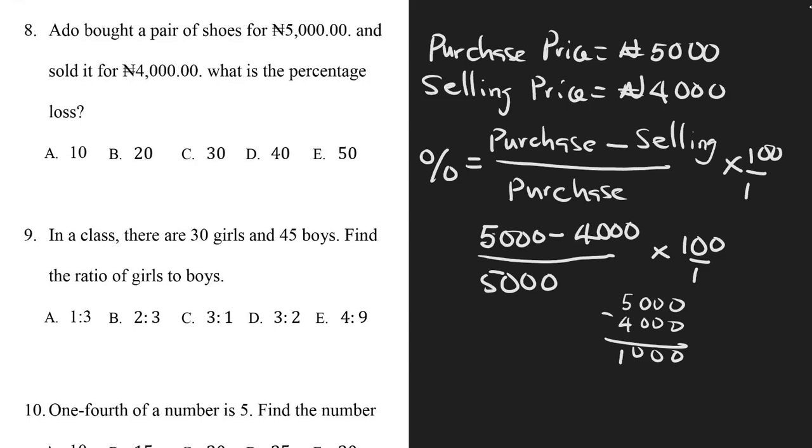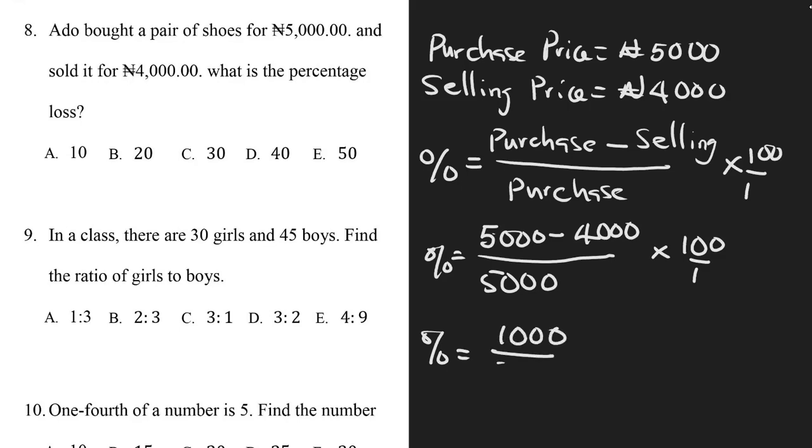So we'll be left with what? So we have 1,000, right? So our percentage loss will be 5,000 minus 4,000 is 1,000 over our 5,000 times 100 over 1. Our cancellation now, these 3 zeros can cancel these 3 zeros, right?